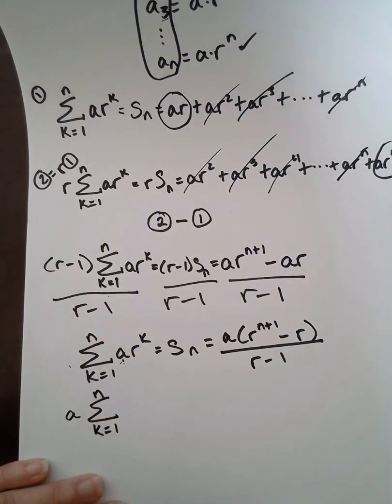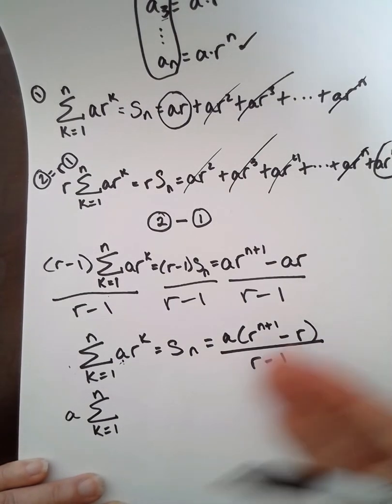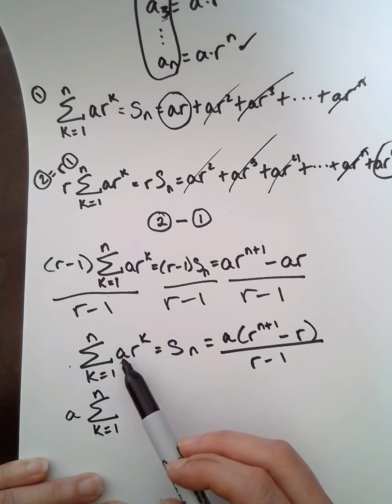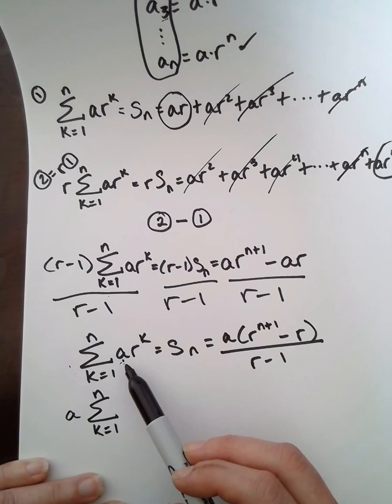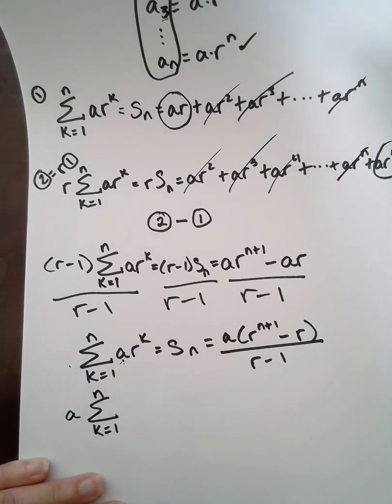It's really just the distributive property: a is a factor of every term, of r to whatever power you're raising it to.